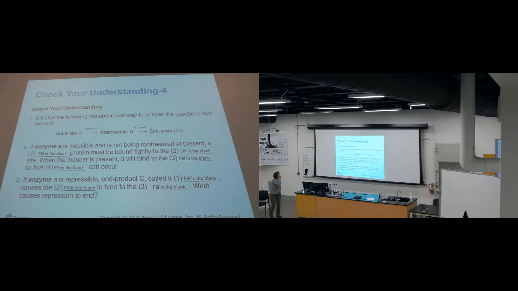Okay, so here we have a question. Use the following metabolic pathway to answer the questions that follow it. In this pathway, you have a substrate A that will be converted into intermediate B by enzyme A, and this intermediate B will be converted into the end product, which is C, by enzyme B. So if enzyme A is inducible and is not being synthesized at present, a blank protein must be bound tightly to the blank 2.